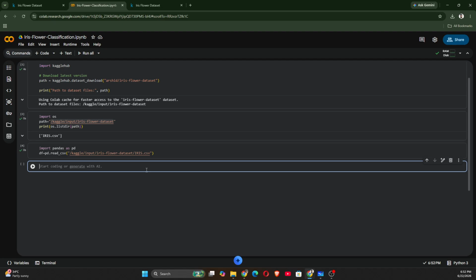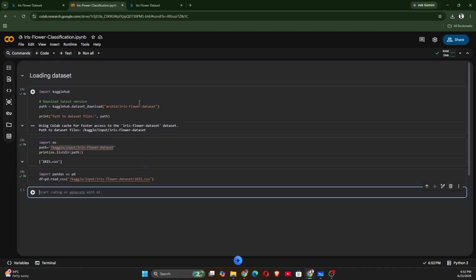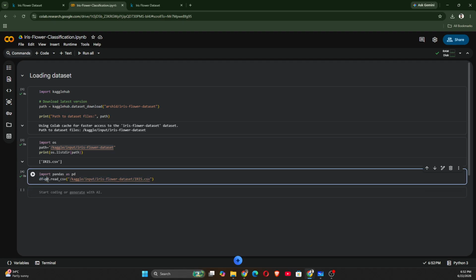So what I've done so far, I've imported from Kaggle, found out where my path was, so here this CSV was saved, and I made a variable df, and from the pandas library I've saved this inside df.